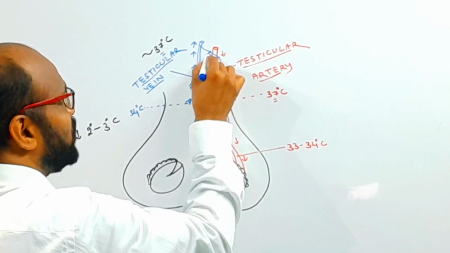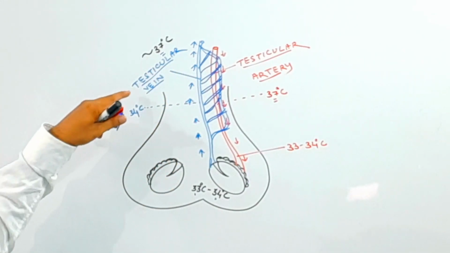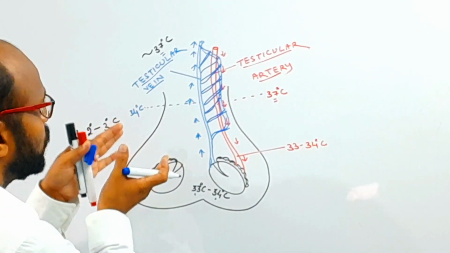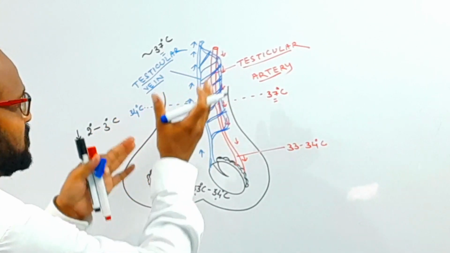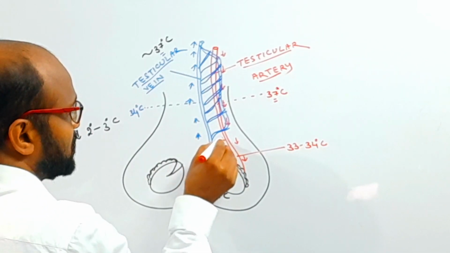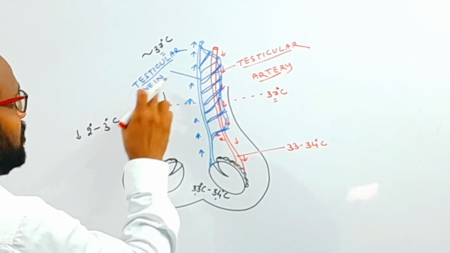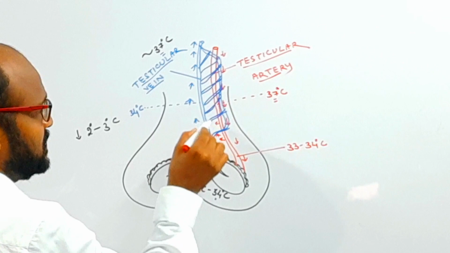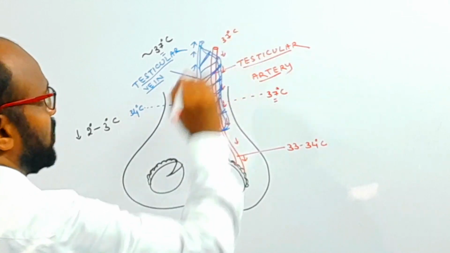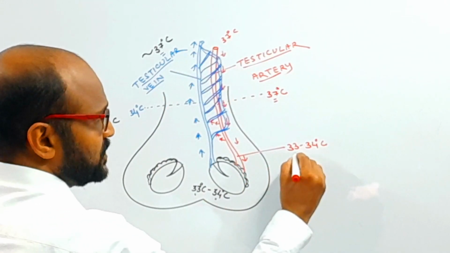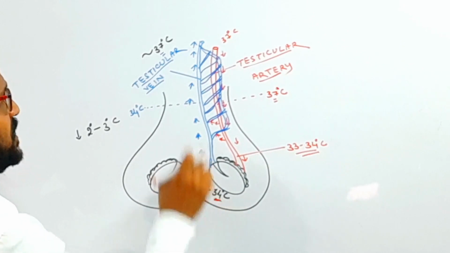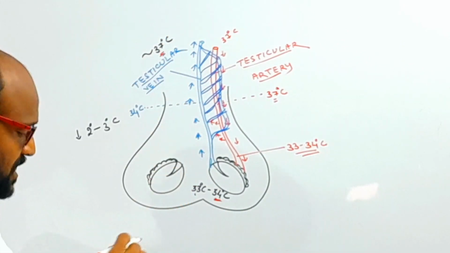So the high temperature blood, 37 degrees, is reduced to 34 degrees centigrade, and the cooler blood, at 34 degrees centigrade, now becomes 37 degree blood.